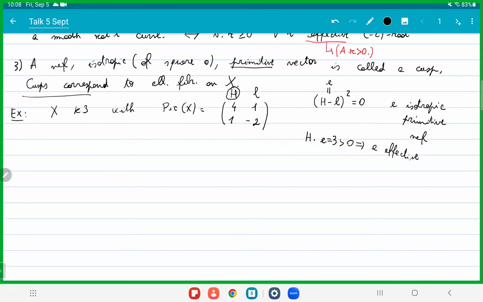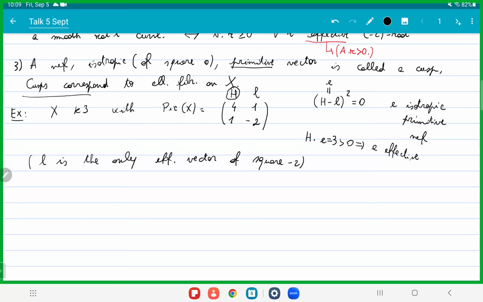But we can also say that it's effective because we will see in a second that it's Neff. Everything Neff on K3 surfaces is also effective. And notice that it's Neff because a simple computation shows that L is the only effective vector of square -2.